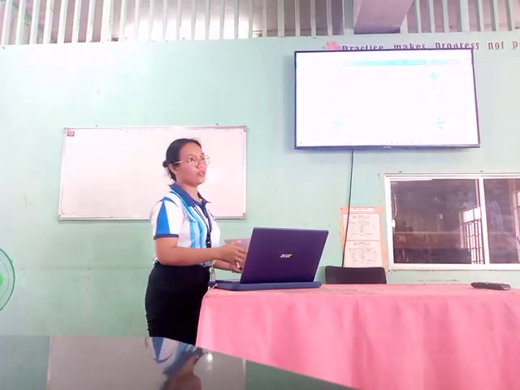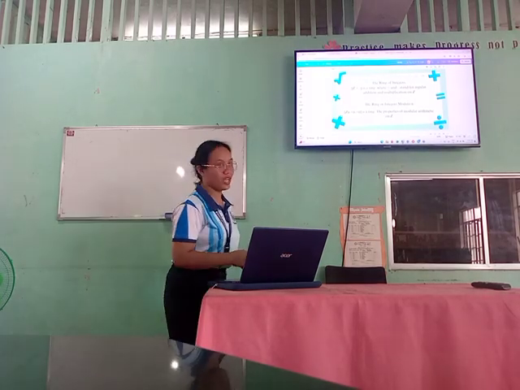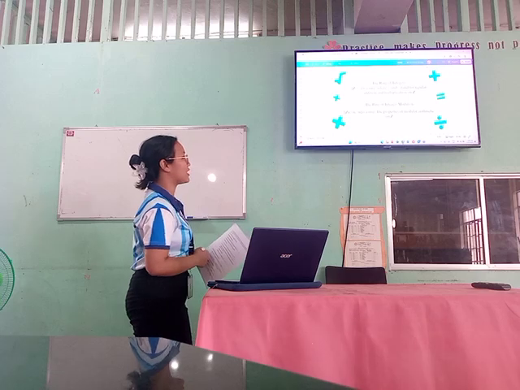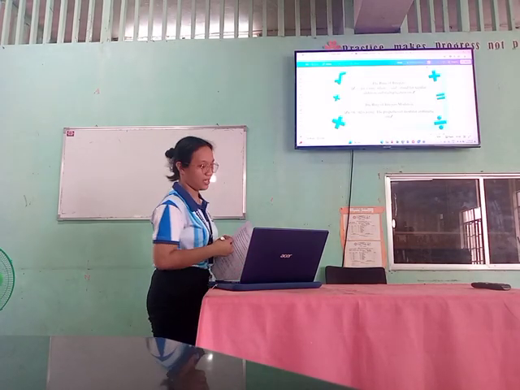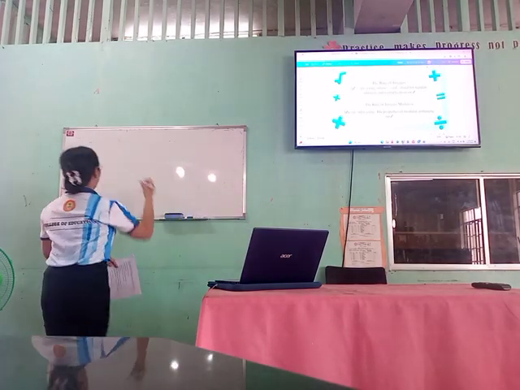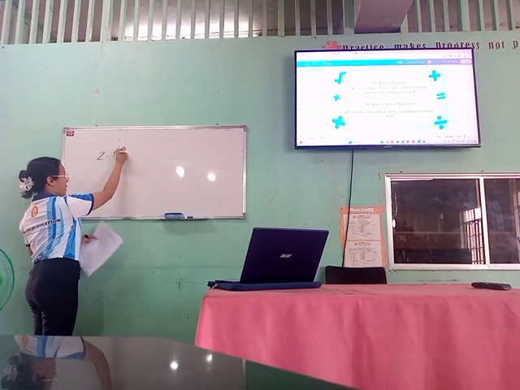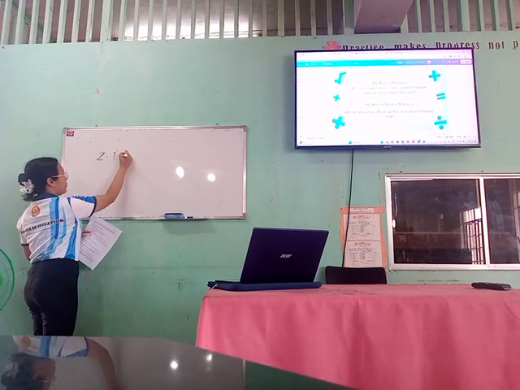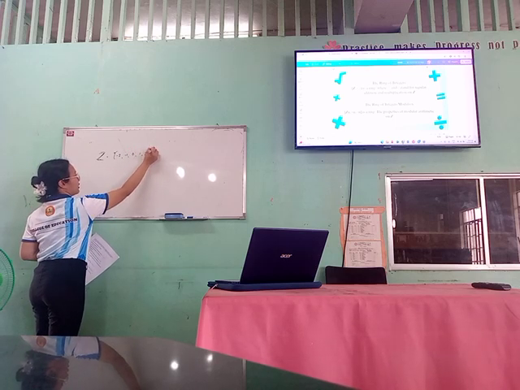The ring of integers states that the integers are a ring where plus and multiplication stand for regular addition and multiplication in Z. For example, we have the set of integers: -2, -1, 0, 1, and 2.